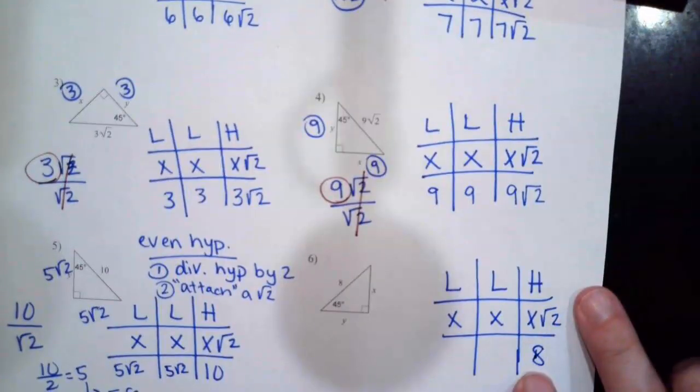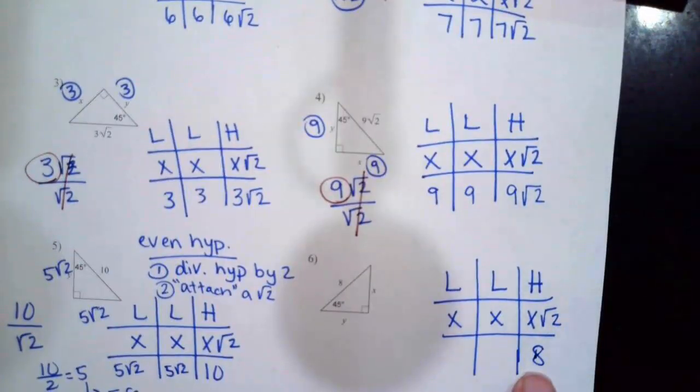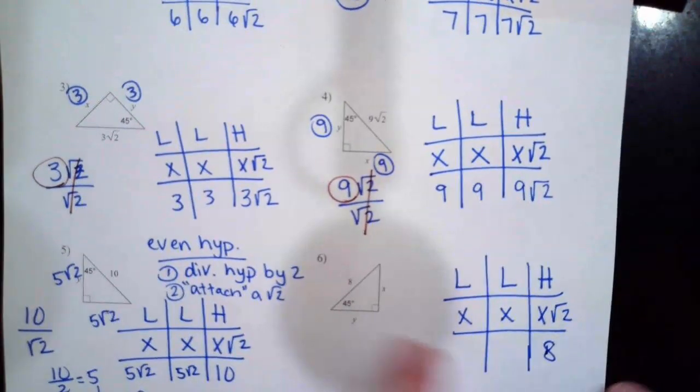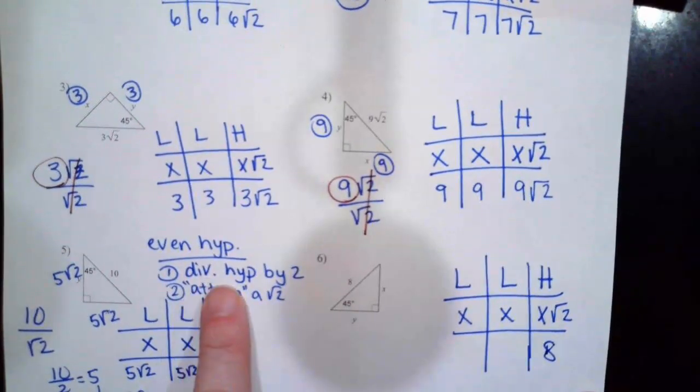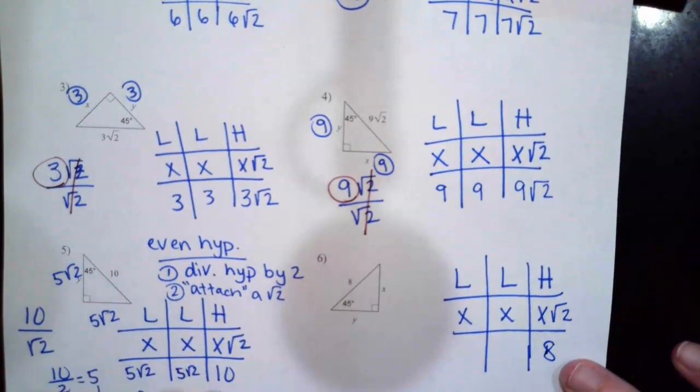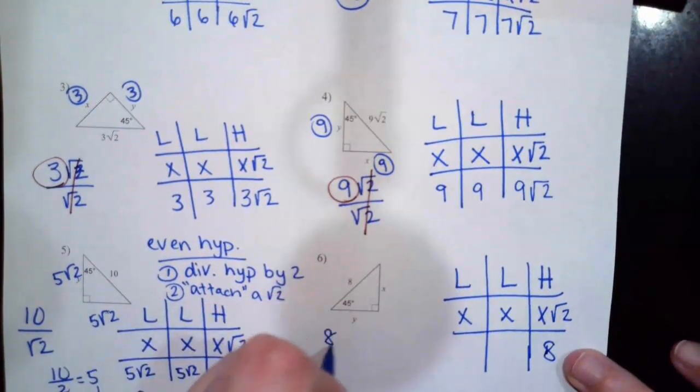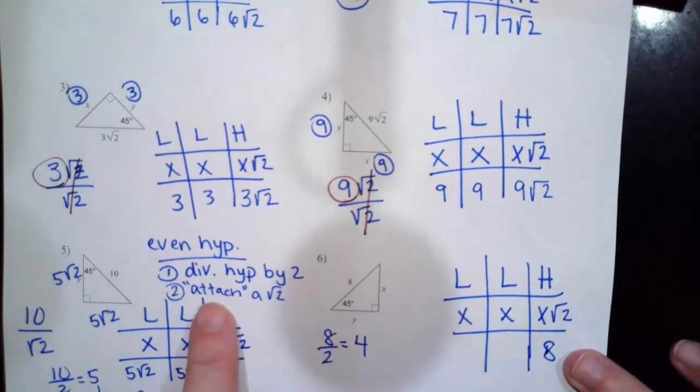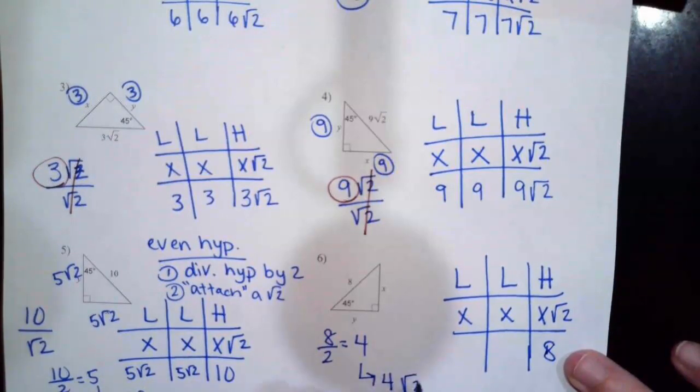We have to divide by radical 2, but since there's no radical 2 to get out of the way, it's going to get ugly. So you do your cool little shortcut here. You divide by 2. So what's 8 divided by 2? Hopefully you said 4. And then the second step, you attach a radical 2 at the end. So this is going to become 4 radical 2. And the legs are the same, so they're both 4 radical 2.